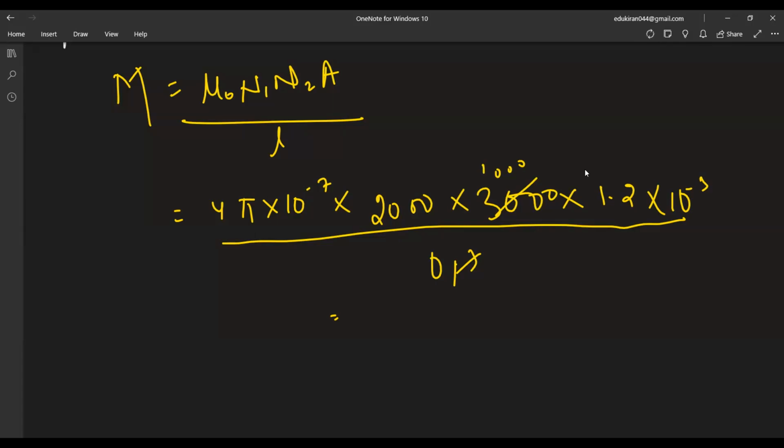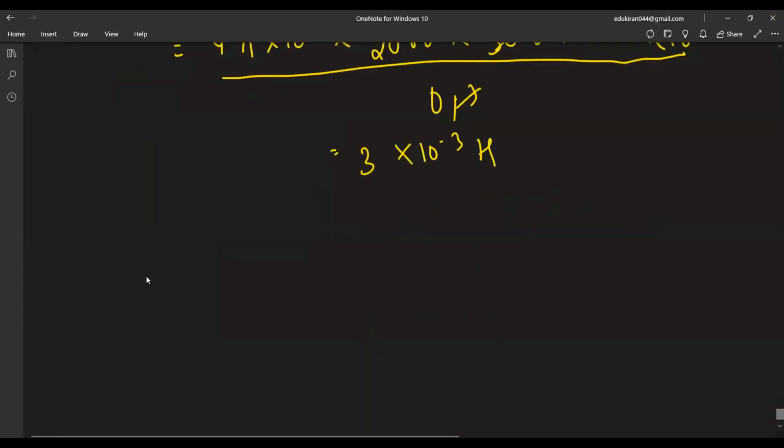So minus 3 plus 3. This will come to 3 point something. Let's take it as 3 into 10 to the power minus 3 Henry. Around this much it should come. Please check the precise value later. This is just orally I've done it.